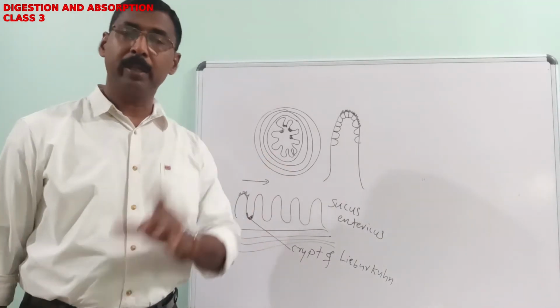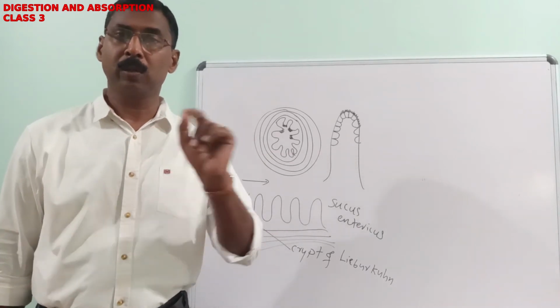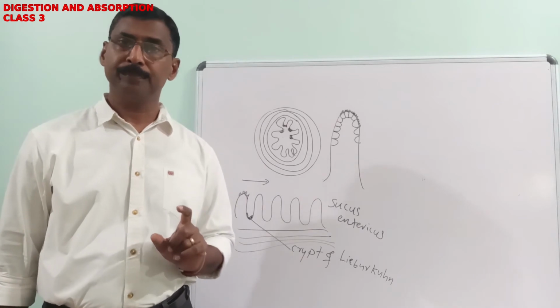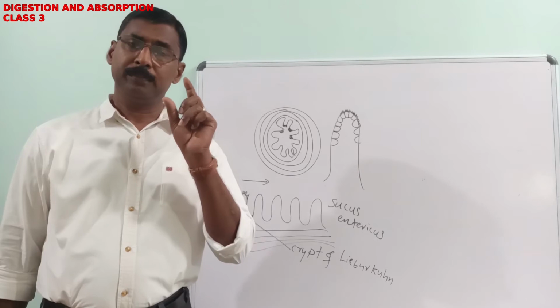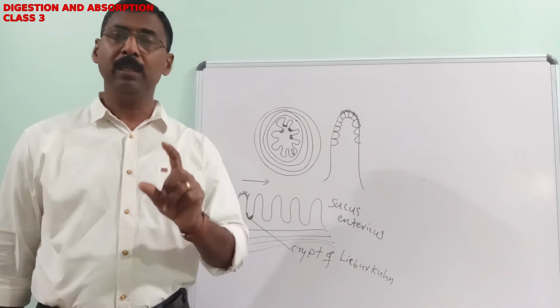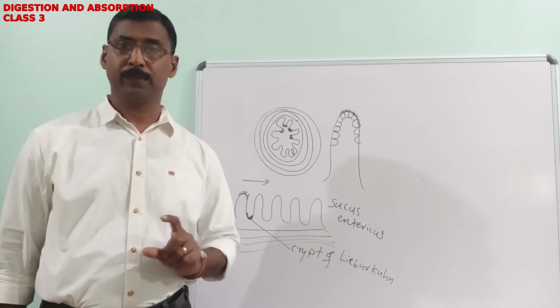The wall of the alimentary canal is made up of 4 layers, and the first layer is the serosa, that is made up of epithelium and connective tissue.